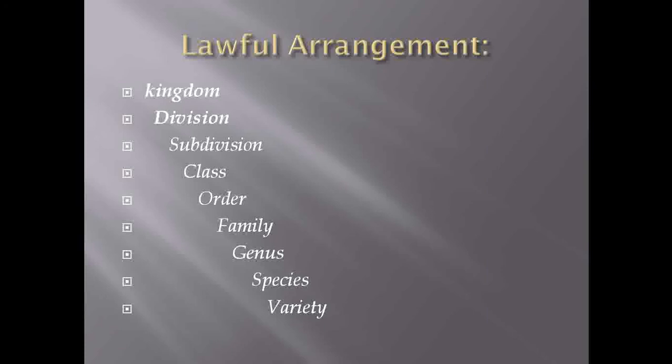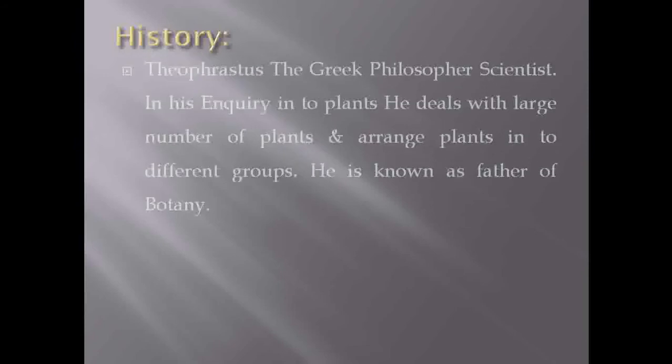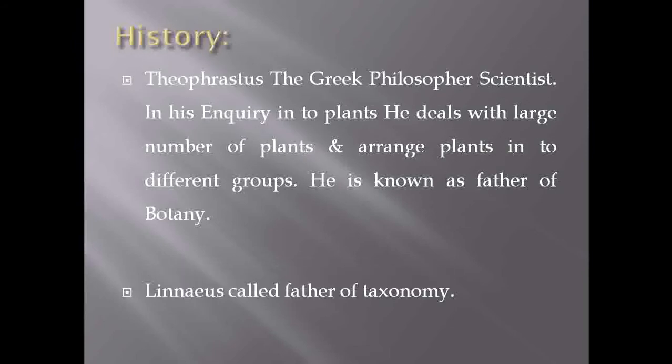So taxonomy is defined in two ways. The first is that it is the branch of botany which deals with the study of identification, classification and nomenclature of the plant species, and in other way, taxonomy is a lawful arrangement of the plant species. Then next we see the history of taxonomy.